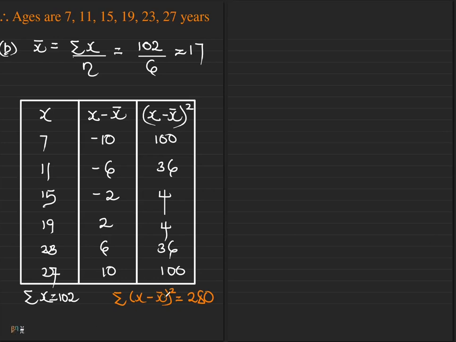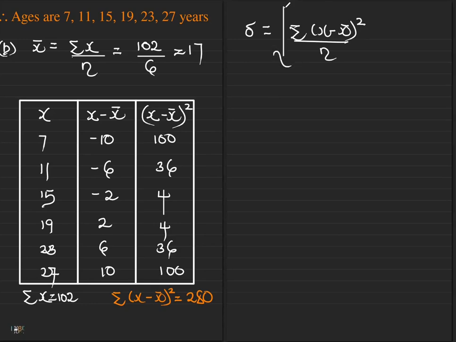So with this information, we can now solve for the standard deviation. We know it is given as the square root of the sum of the deviations squared all over the number of entities. Substituting, we have 280 all over the number of entities, which is 6.